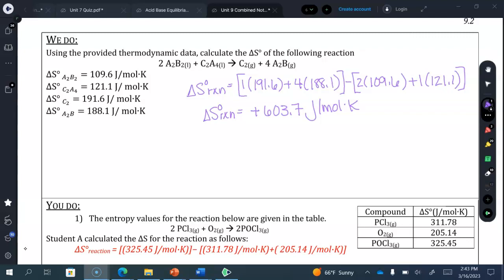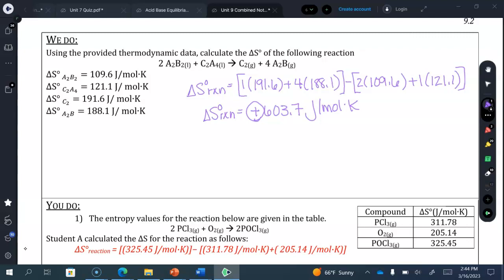You do not have to write the positive sign here, but I like to write the signs in for my state functions because it communicates that it is indeed positive versus negative and helps me to see whether this is a spontaneous process or not. In this case it is spontaneous, because entropy is increasing in this one.